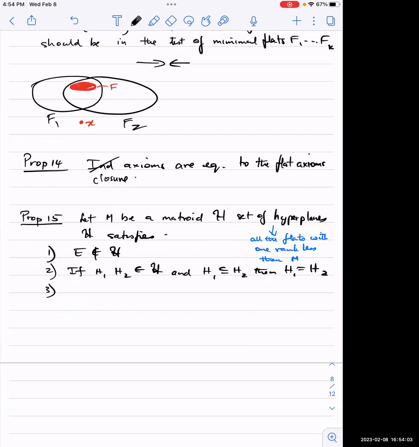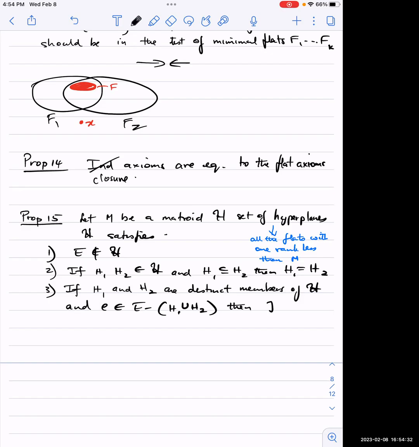And 3, if H1 and H2 are distinct members of H, and E is in the complement of H1 union H2, then there's a third hyperplane H3 containing H1 intersection H2 and E. I think I got that right.